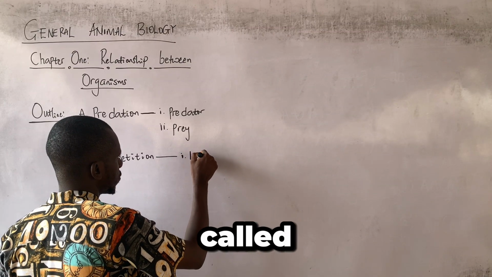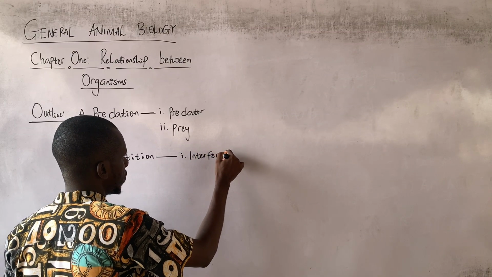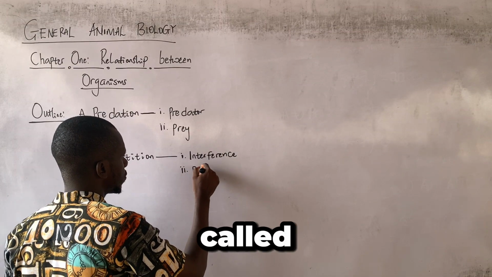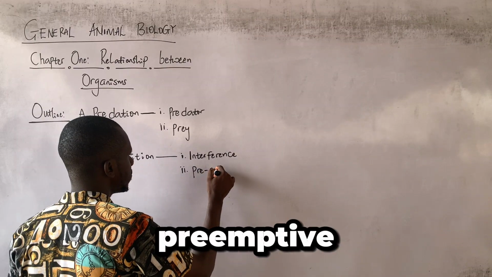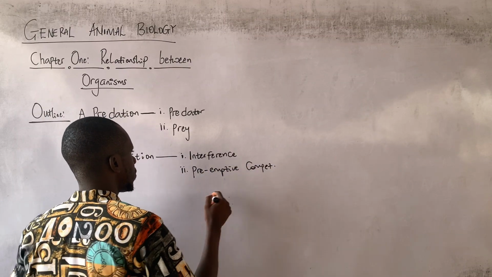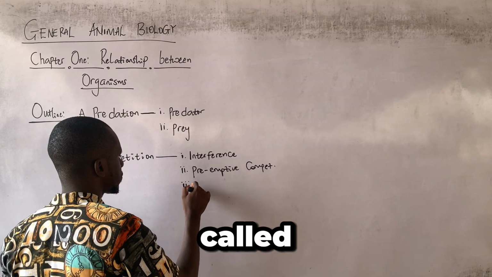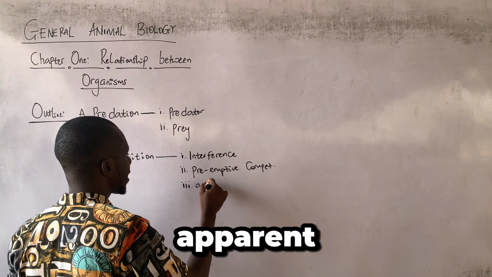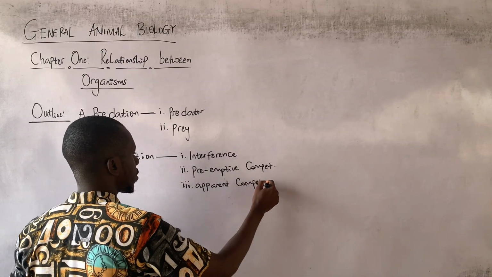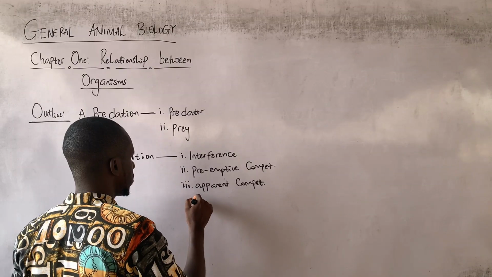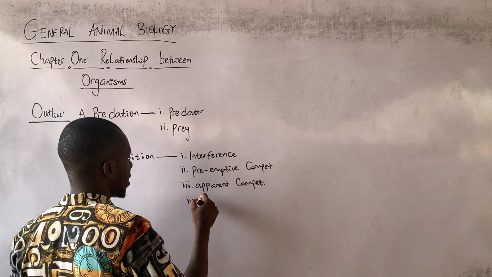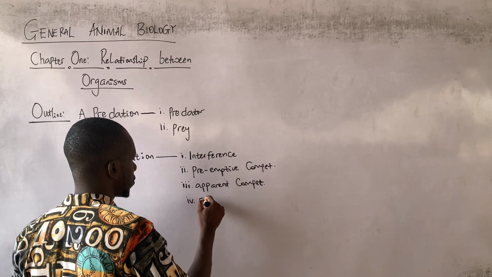We have what is called interference. We have what is called preemptive competition. We have what is called apparent competition, and lastly, we have what is called exploitation.